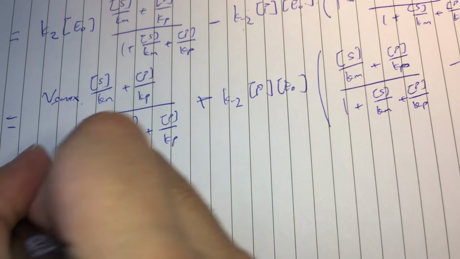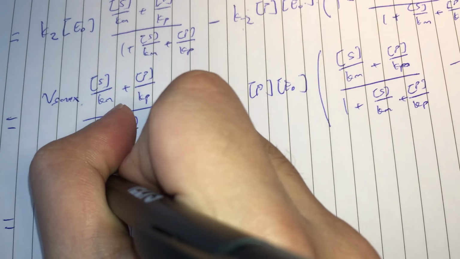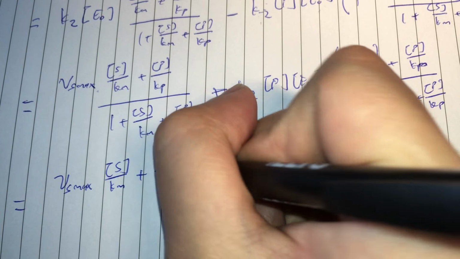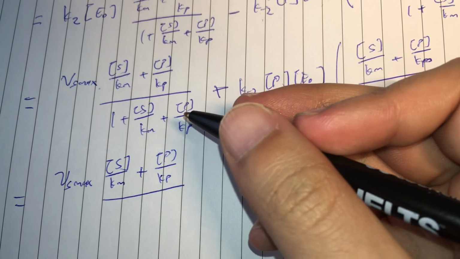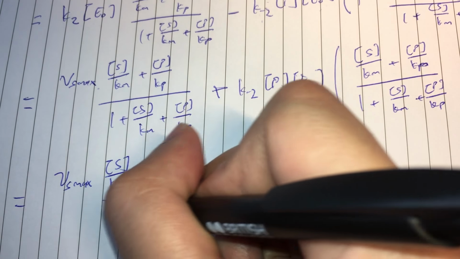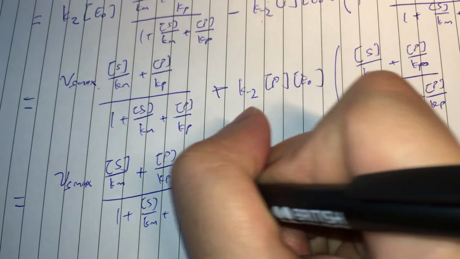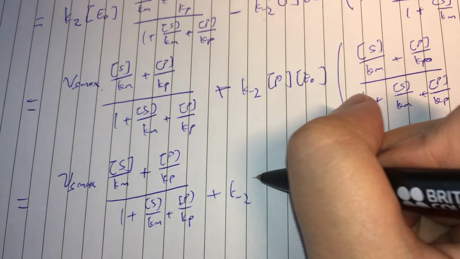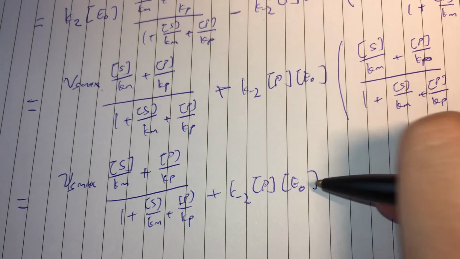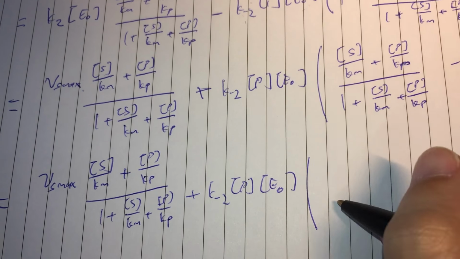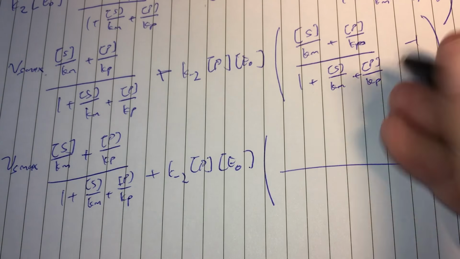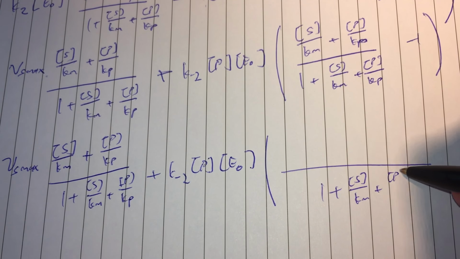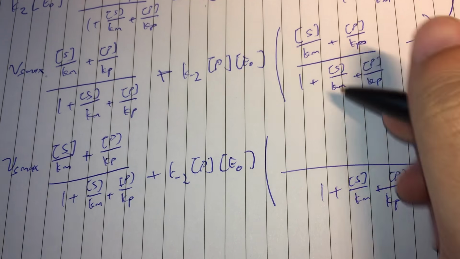So Vs max, S over Km plus P over Kp, over 1 plus S over Km plus P over Kp, plus K minus 2 P into E naught, and we'll have this 1 plus S over Km plus P over Kp.